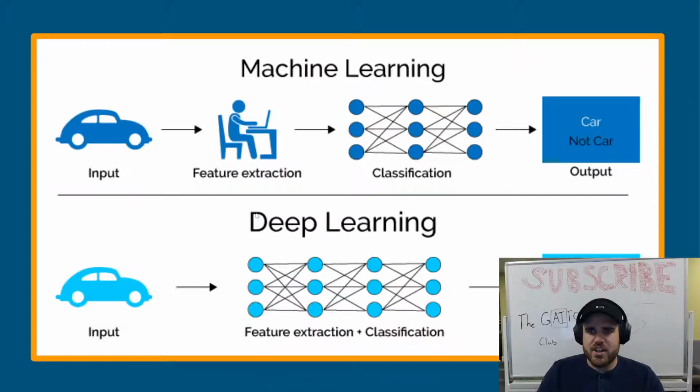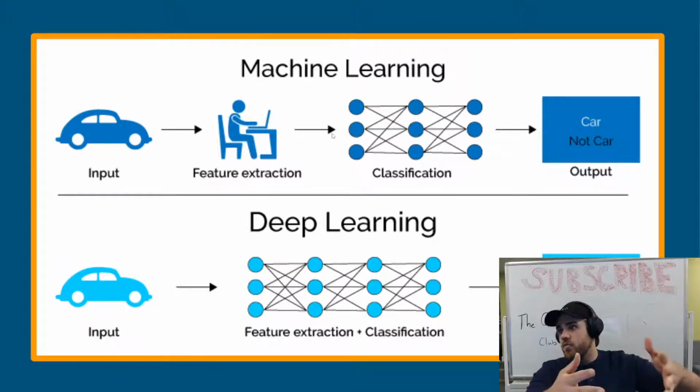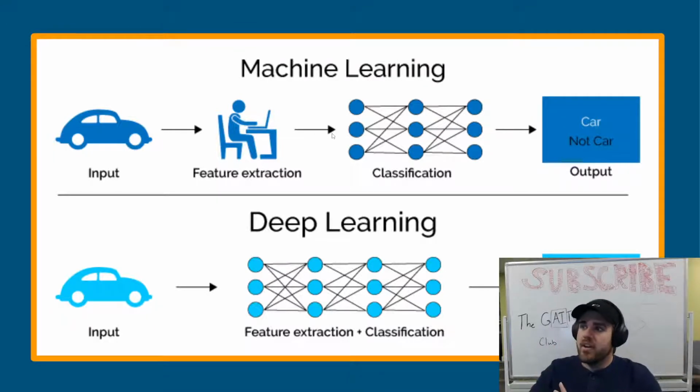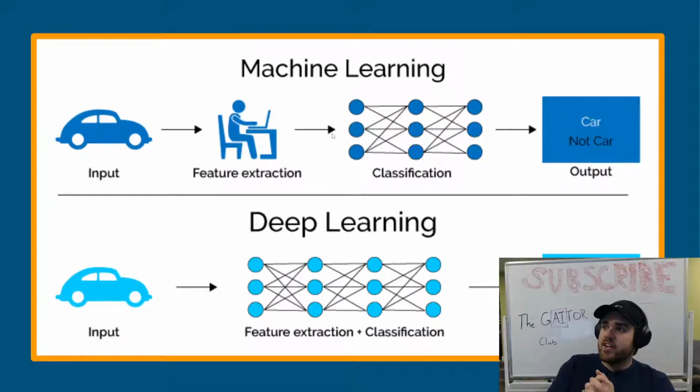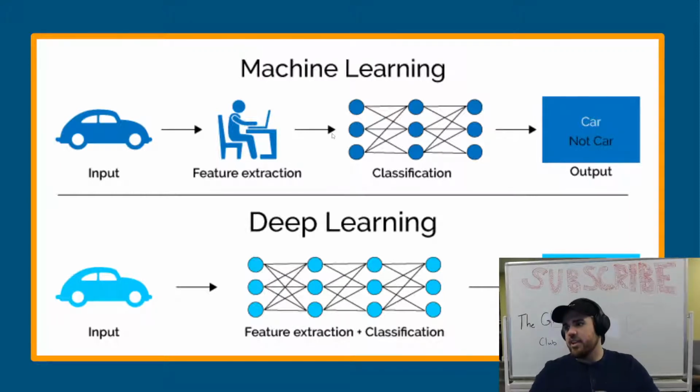And if you look here, machine learning is more of doing the feature extraction yourself, figuring out what features to put into the neural network itself. But deep learning is letting the neural network figure out what features it likes. It's doing it for you. There's a big difference. And this basically allows you to just give your computer a bunch of input and it just learns.